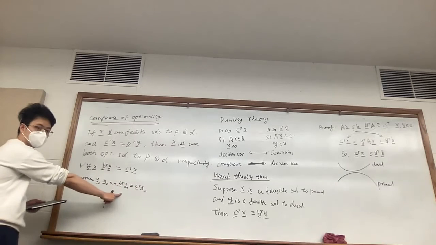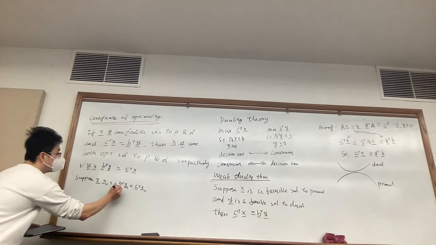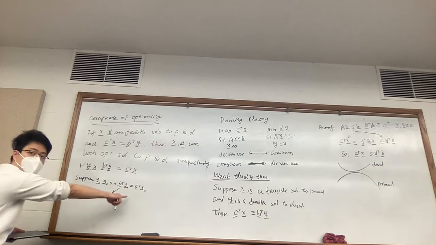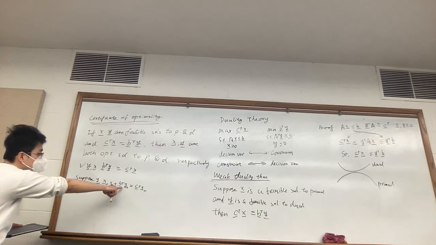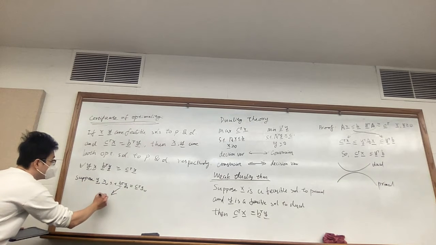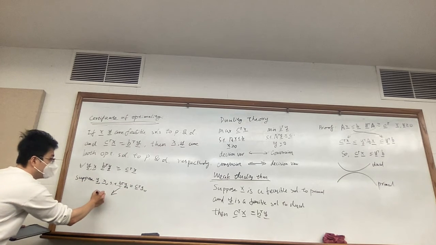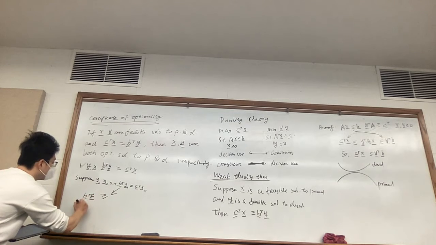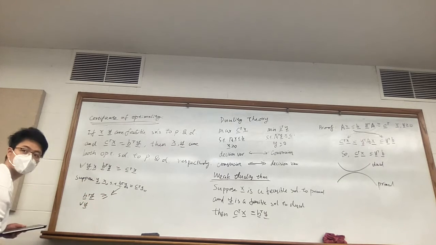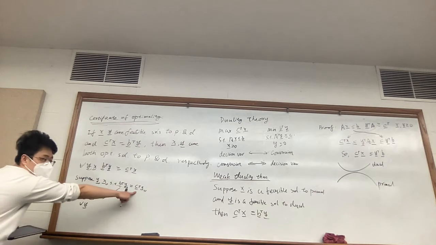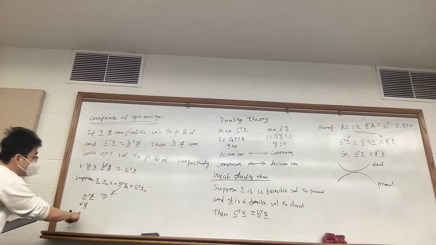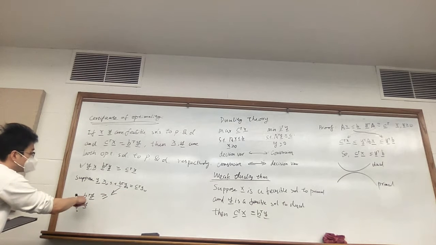Then, because X0 is a feasible solution to the primal problem, C transpose X0 must be less than or equal to B transpose Y for any Y. Because of the weak duality theorem, for any Y it is less than or equal to B transpose Y.